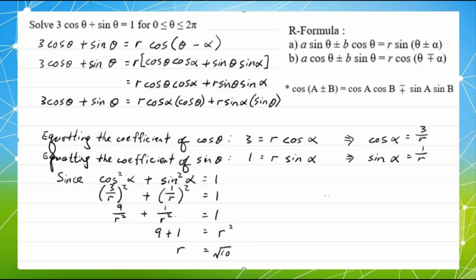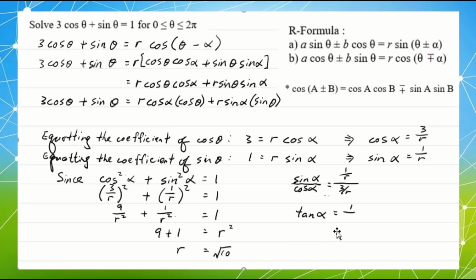Now we go to alpha. To find alpha, first we use sin alpha divided by cos alpha, which is 1 over R divided by 3 over R. We do this because we know that sin over cos is equal to tangent.